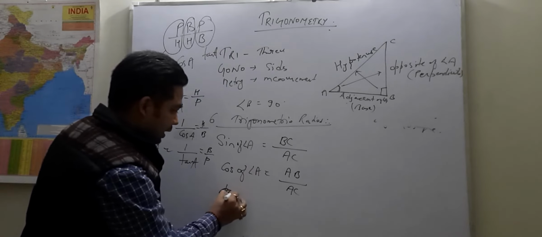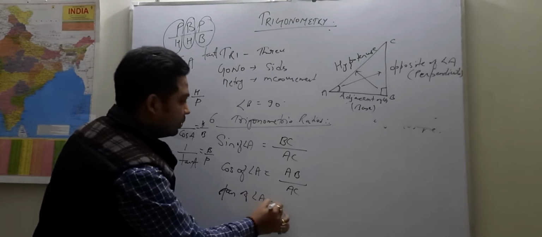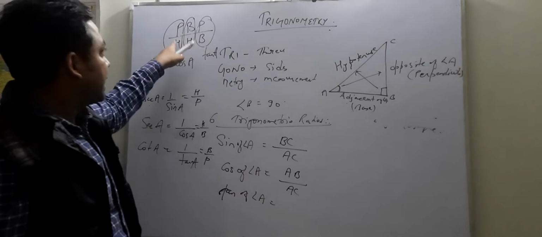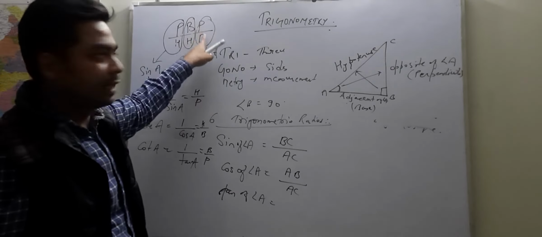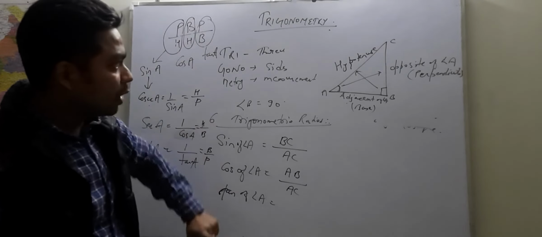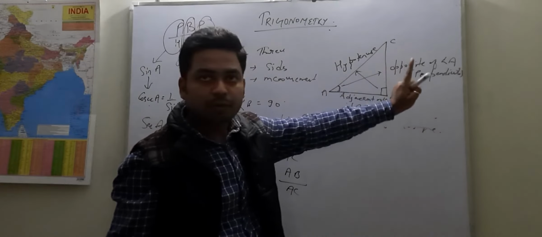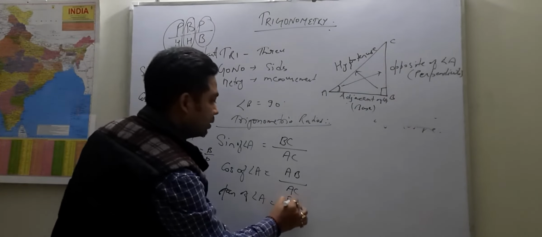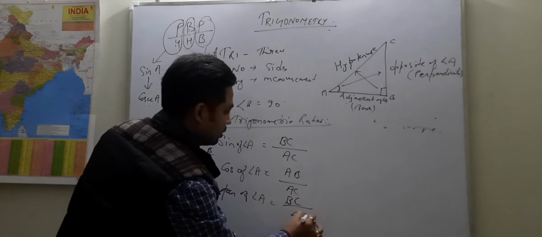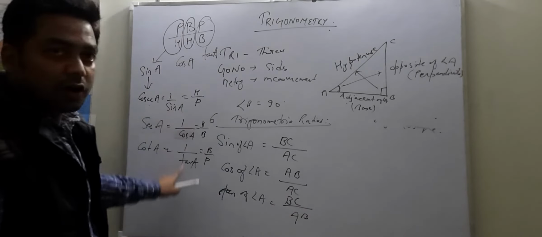Then tan of angle A: this is sine, this is cos, and this ratio is tan, perpendicular upon base. The perpendicular here is the opposite of angle A, that is BC upon AB. Similarly, you can find all these ratios.